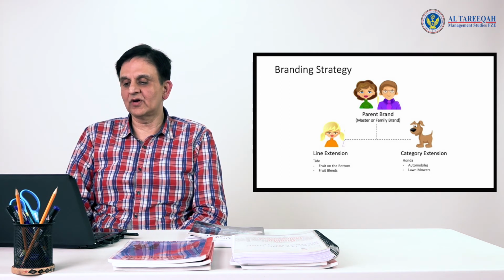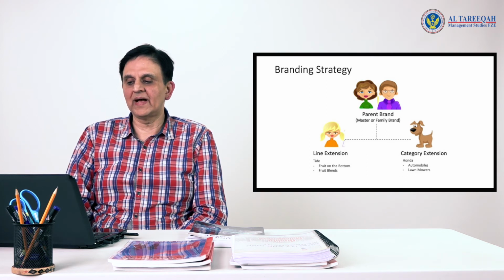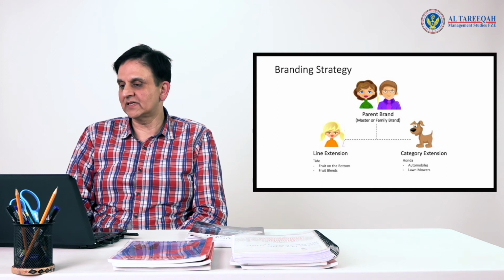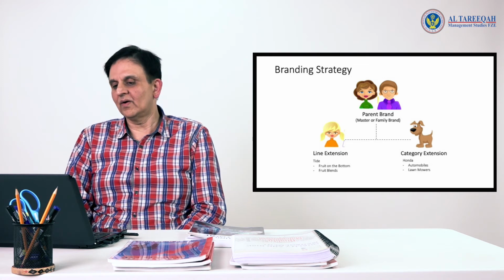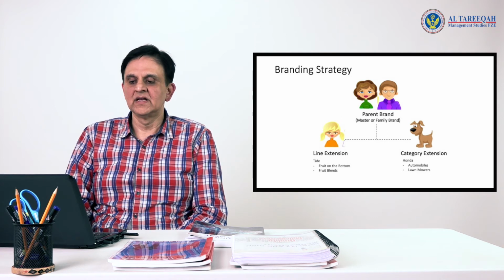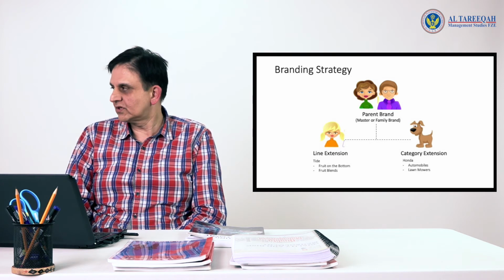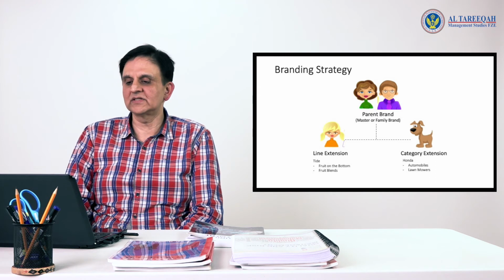So Honda, for a category extension, could go on to say we are into automobiles, we are into industrial equipments, and so on and so forth. But the mother brand here is Honda. Line extension is Tide, or you can have a fruit juice which says we are getting into fruit juices, fruit mixers, fruit blends, and so on and so forth.